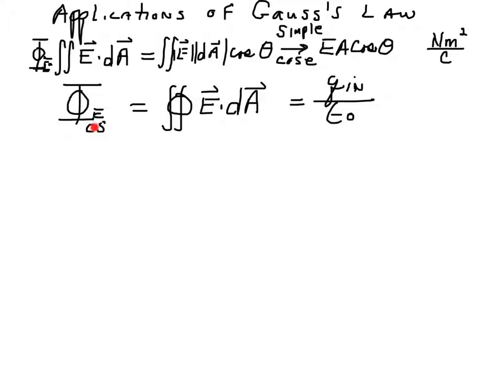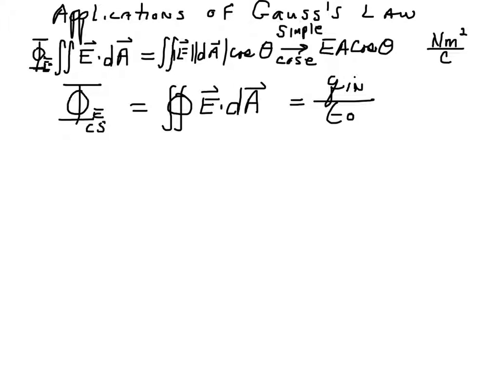The relationship of Gauss's law between electric flux over a closed surface and the charge inside is the statement of Gauss's law, and its application can go two ways. If we know the charge inside, we can calculate the flux through a closed surface, or if we're able to calculate the flux through a closed surface, we can uniquely know what charge is inside.